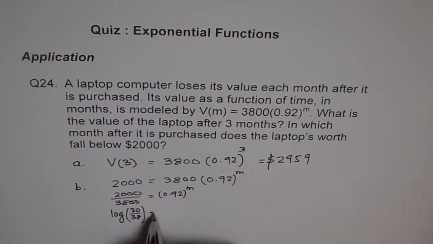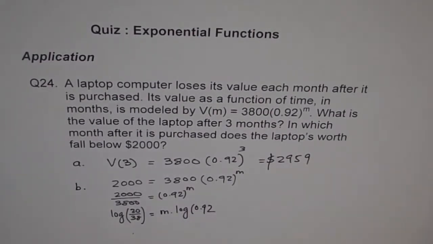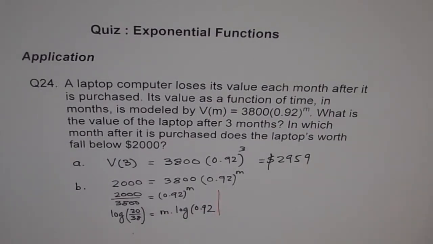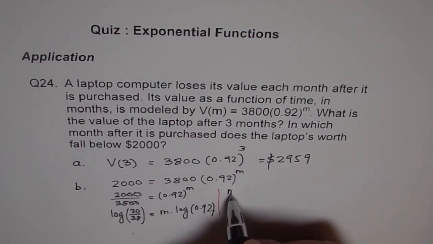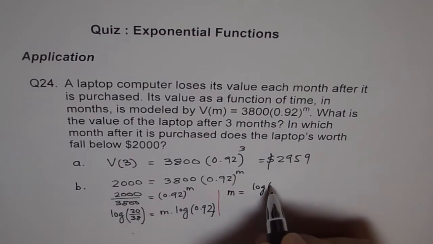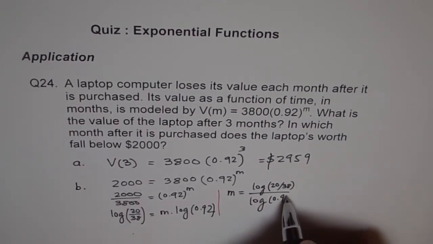When I take the log on this side, I get m times log of 0.92. So m is equal to log of 20 over 38 divided by log of 0.92, correct?